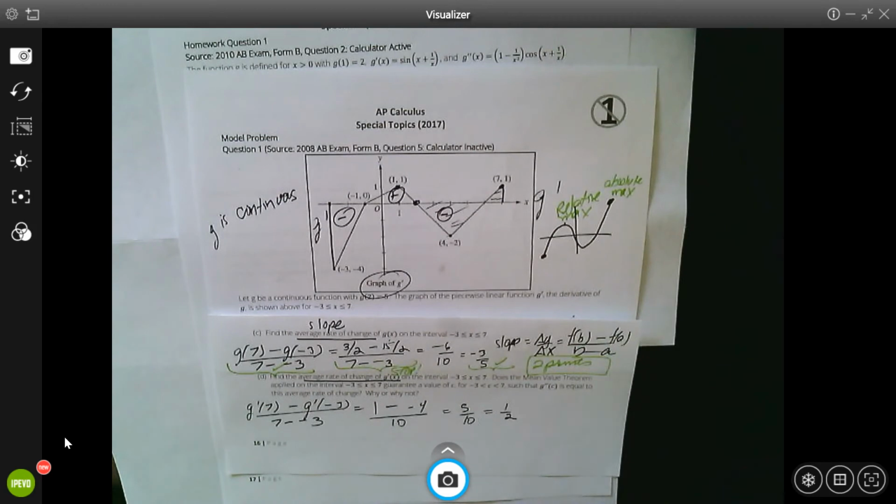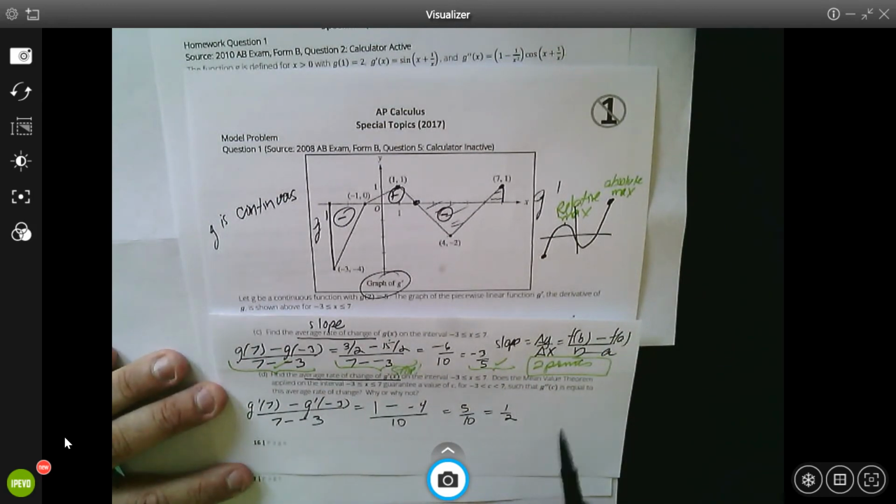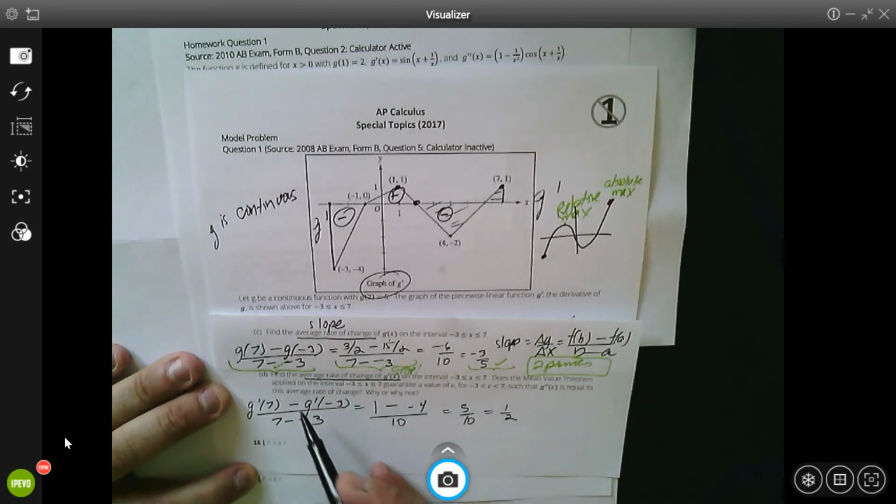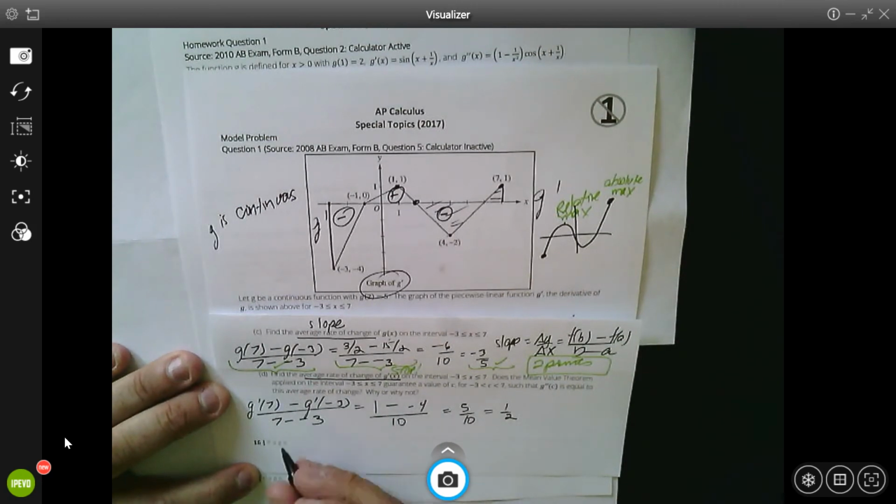There's other ways. Now, let's look at this question one more time. The second part says, does the mean value theorem applied on this interval guarantee a value of c such that g double prime of c is equal to the average rate of change?